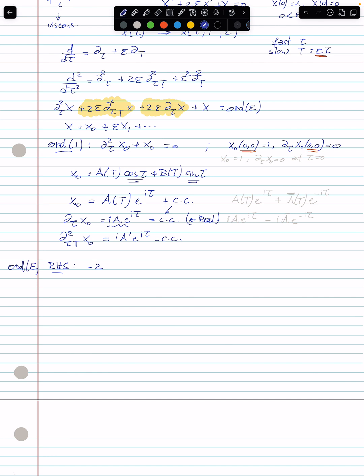All right, I'm taking a few shortcuts over here, but my plan is to go right away to the secular terms. So we have minus twice i, a plus first derivative of a, multiplied by exponential i tau, plus complex conjugates of the first term.